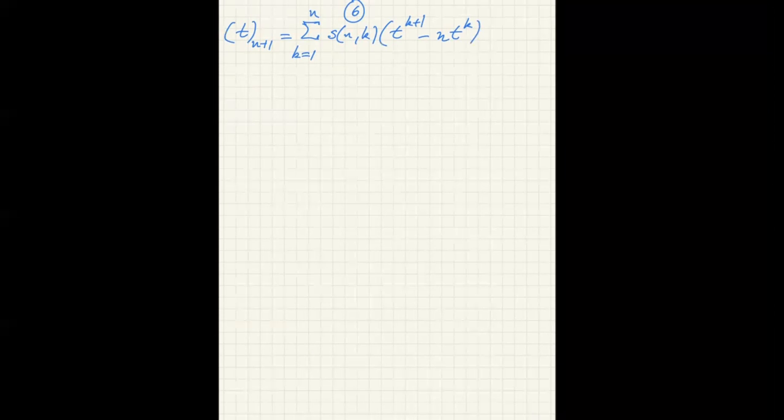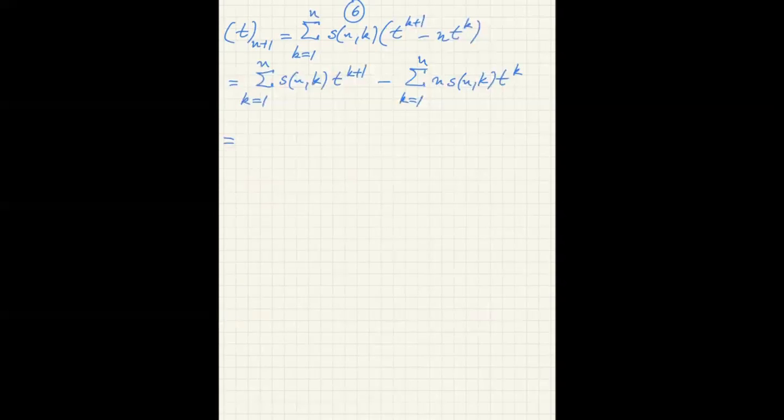Now we split the sum into two parts. The first one is the sum from k equals 1 to n of S_{n,k} T^{k+1}, minus, in the second, the sum from k equals 1 to n of n S_{n,k} T to the k. And to make it easier now to combine these sums back again, we change the index for our summation.